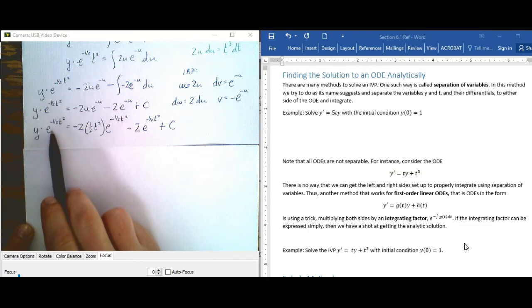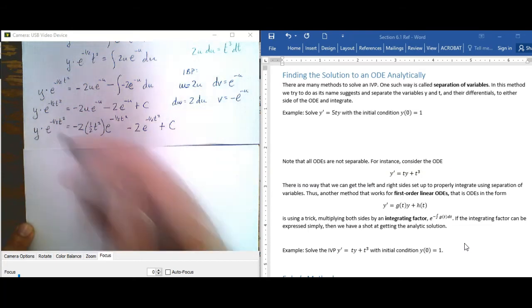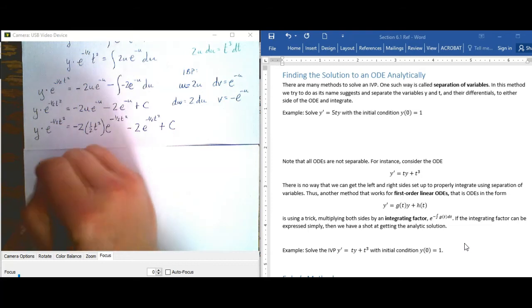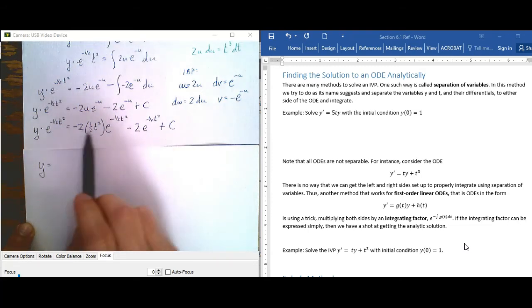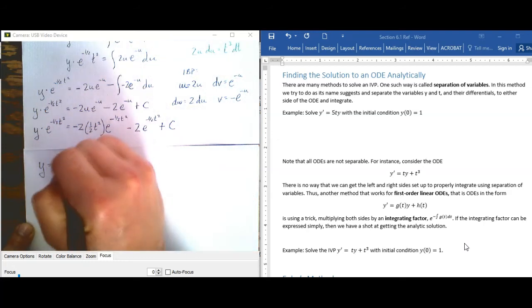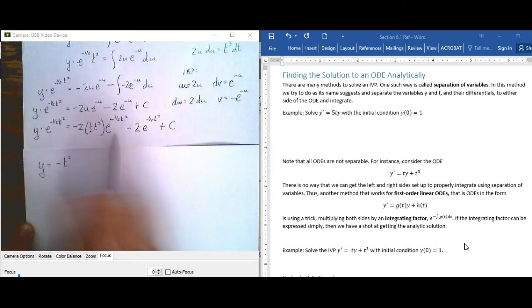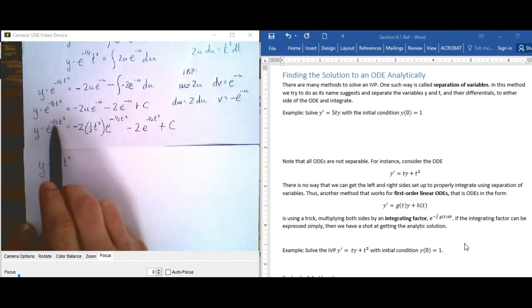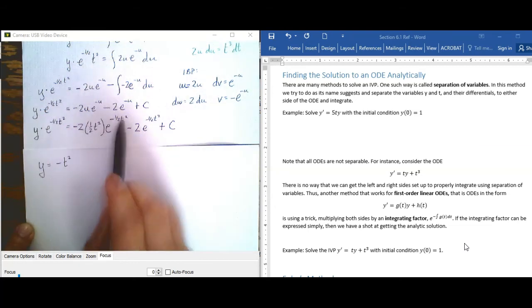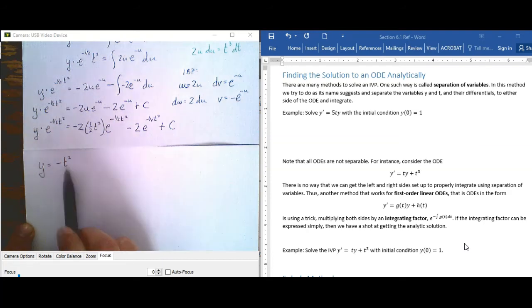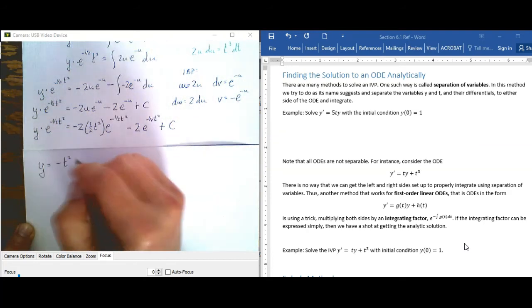All that's left to do is divide by our e to the negative 1/2 t squared. So y will equal, simplify here, that's going to give us negative t squared. We're dividing this entire term by e to the negative 1/2 t squared, so those are going to cancel, just left with negative t squared there.